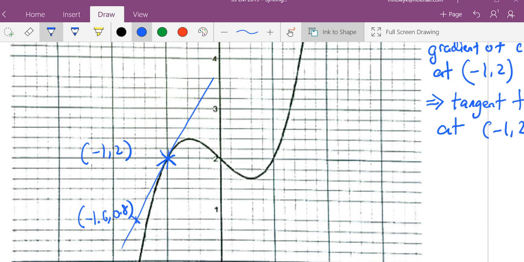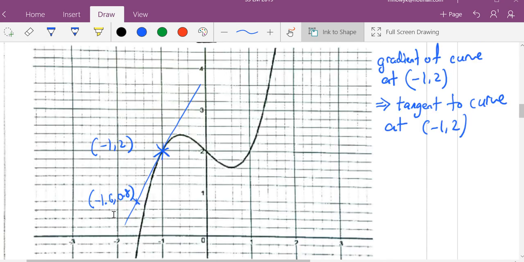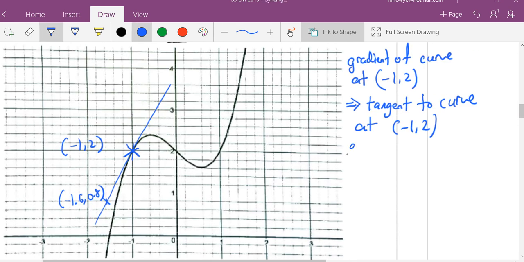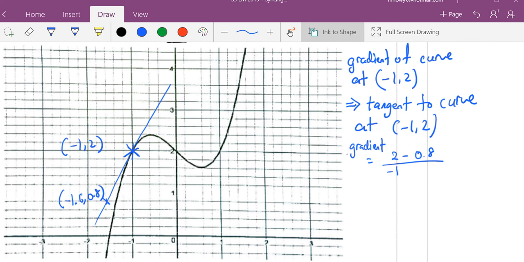Now, if I want to find this gradient, what will I do? y1 minus y2 over x1 minus x2. So I write down the gradient. So in exam, this is what I write. The gradient is equal to y1 minus y2 divided by x1 minus x2.